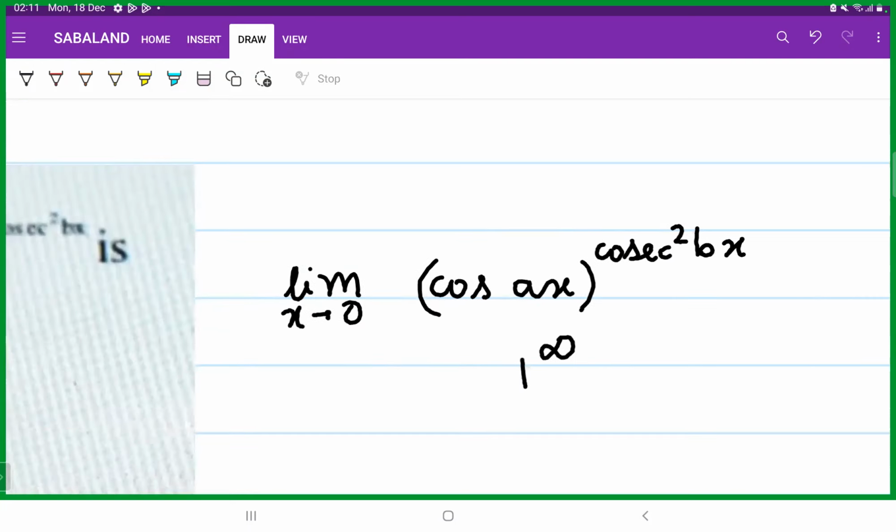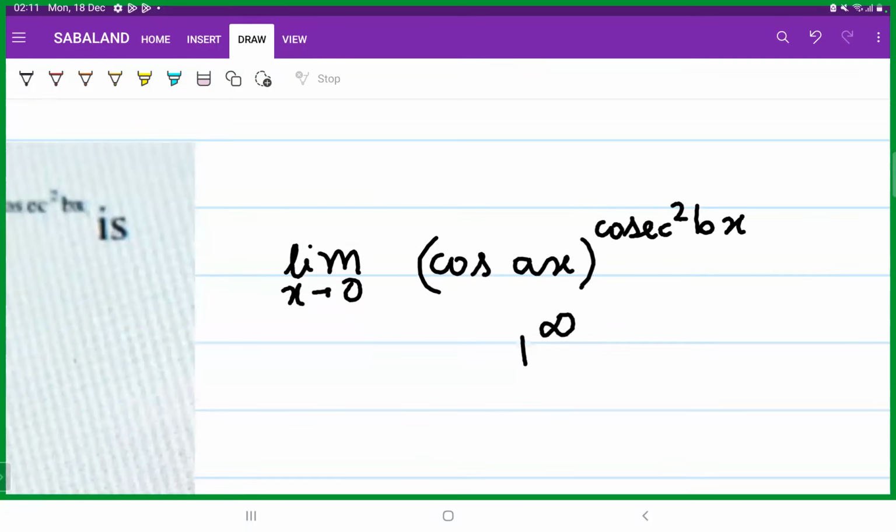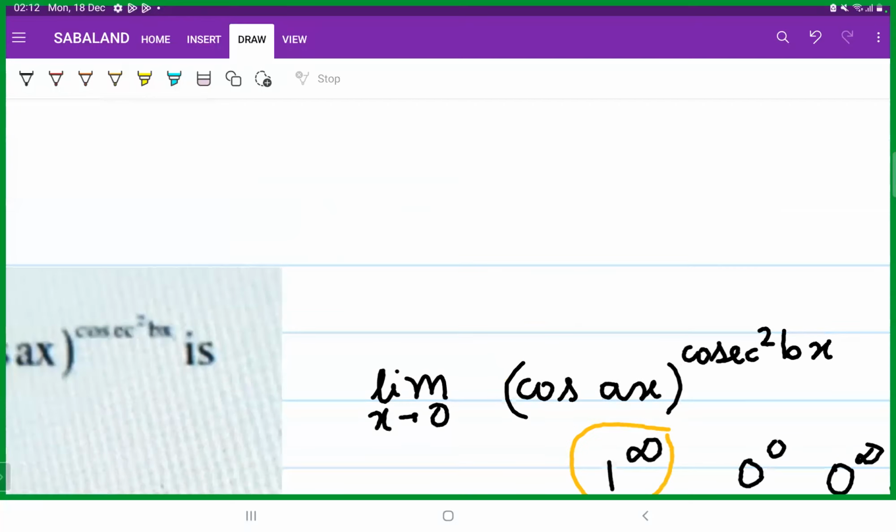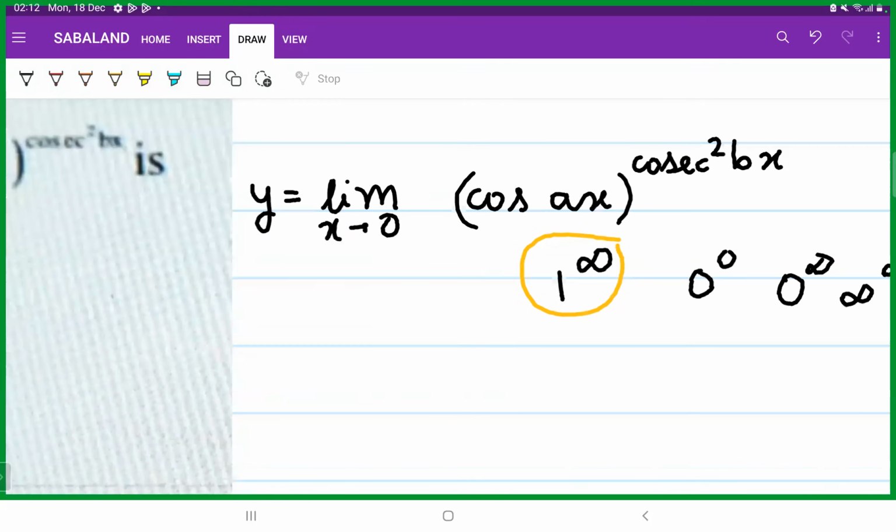Now, whenever we have got such a weird looking expression, say 1 to the power infinity or 0 to the power 0, or basically any indeterminate form in the form of a power, the first thing we do is consider this limit to be a term y, and then we apply natural log on both the sides.